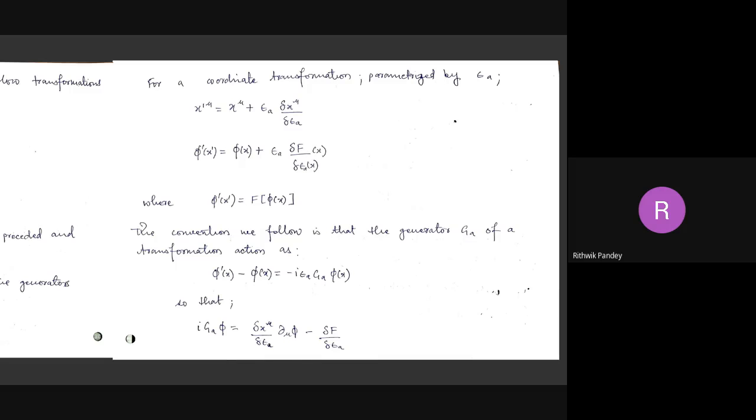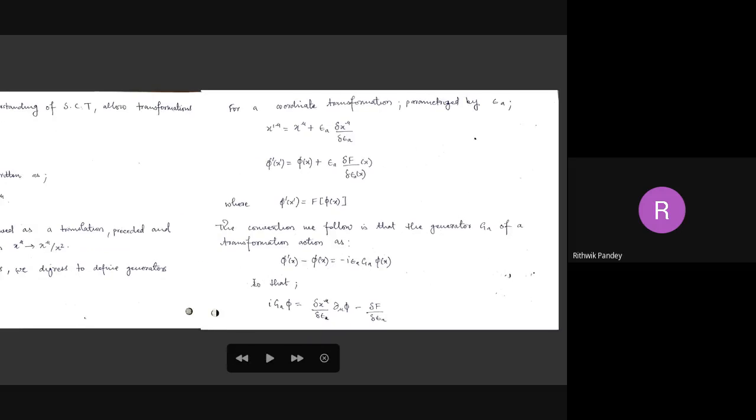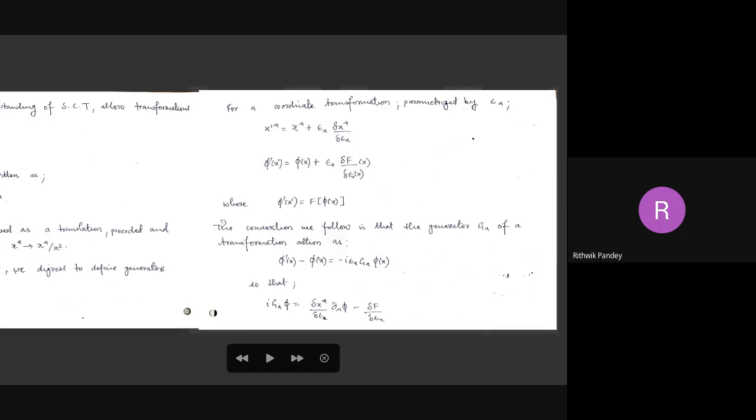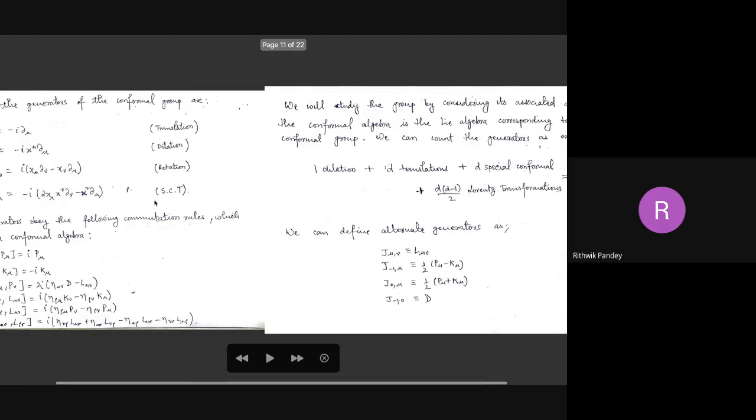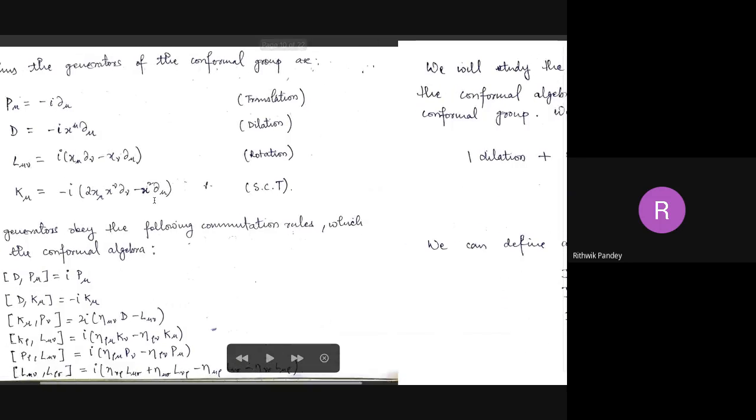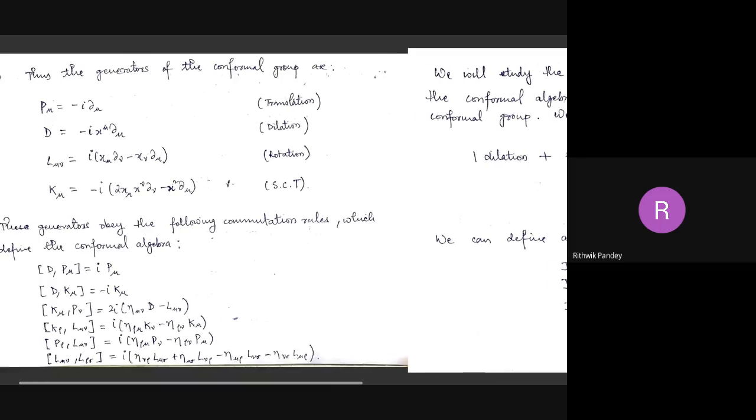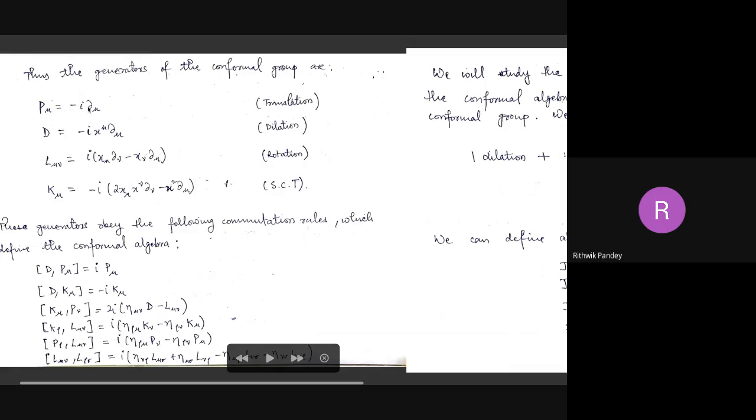But as all three of those transformations are familiar to us, the generators are already known. So that shouldn't be a big surprise. But the generator we are interested in is the generator of the special conformal transformation. So using the previous equation that we derived, we can write down the generators as follows.